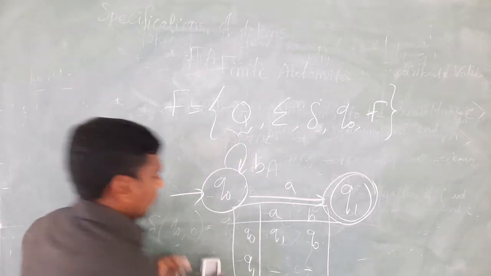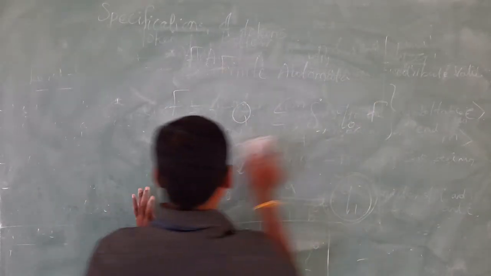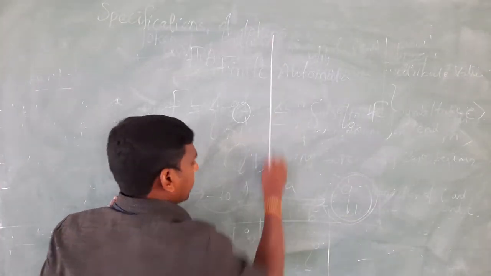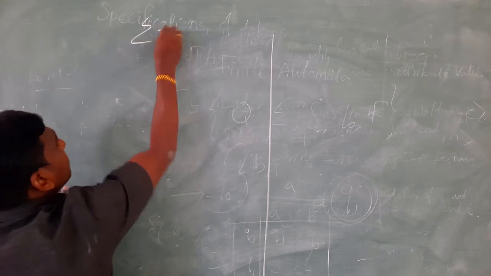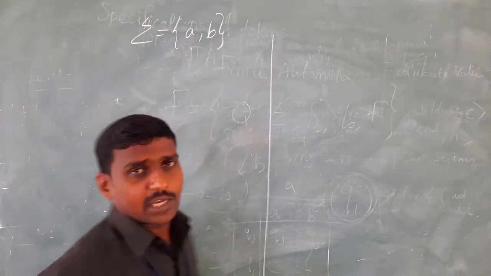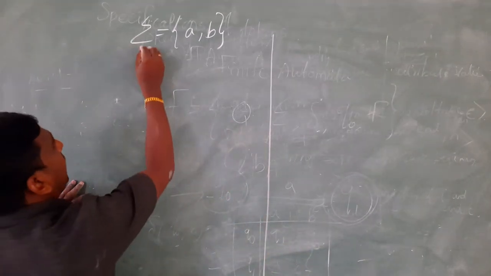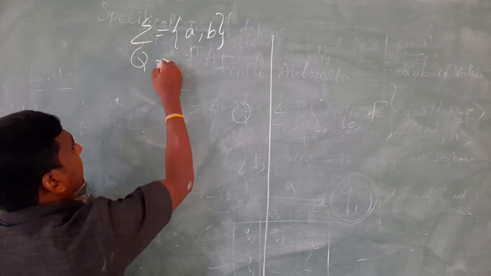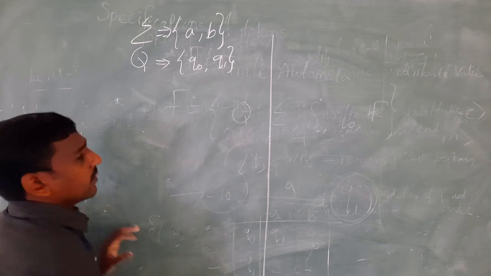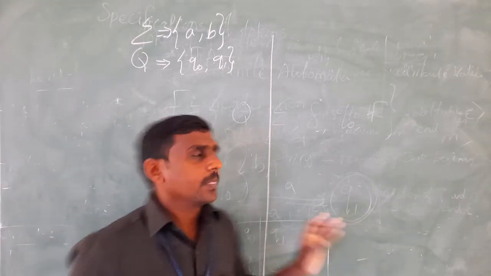Okay. Now I will give you one small example for NFA, and I will separate what is DFA. So sigma means the alphabet a comma b. The given finite set of input symbols is a comma b. I want to draw, and capital Q is a finite set of states. The finite set of states is q0 comma q1. Okay, and I want to draw one NFA.